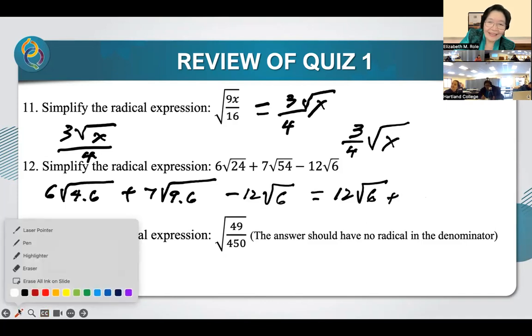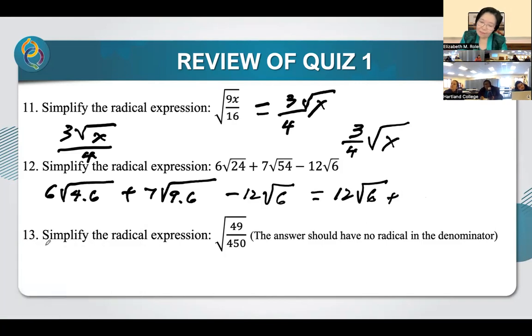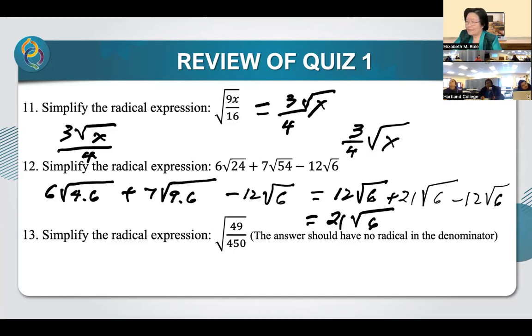All right, so that will now be plus 21, because 3 times 7 is 21, square root of 6. All right, minus 12 square root of 6. Because the square root of 6 cannot get any factors where one is a perfect square. So 12 minus 12 is 0. The final answer is 21 square root of 6.